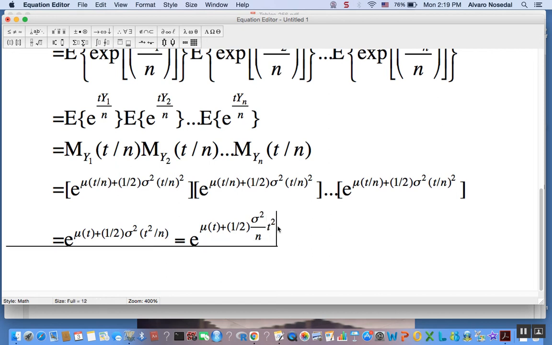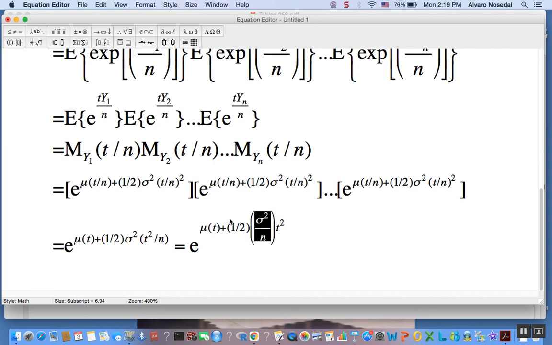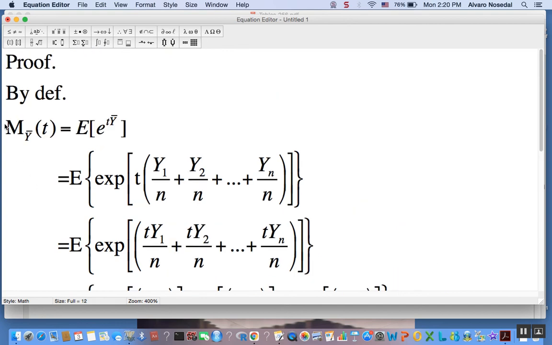Make sense? So that n that divides t squared, now we place it here, so it divides sigma squared, and then we can easily see that what we have here is the MGF of a random variable with mean mu and variance sigma squared divided by n that has a normal distribution. Okay, that would be the MGF of y bar.